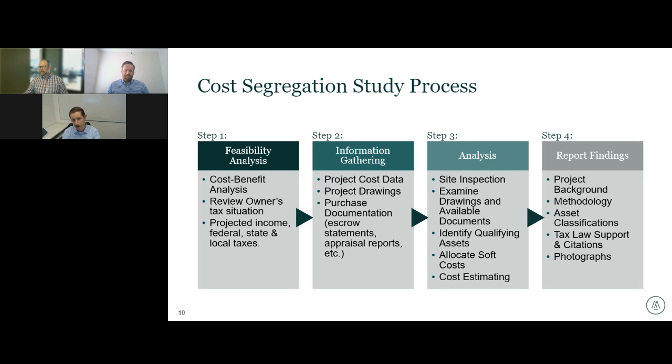Then using information from that site visit and other items gathered, we ultimately identify assets and assign tax basis to them with various methodologies. The ultimate result should be a report that provides the legal tax basis for the classifications used and support for the methodologies used to assign costs to different assets.